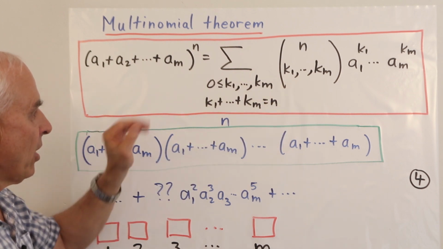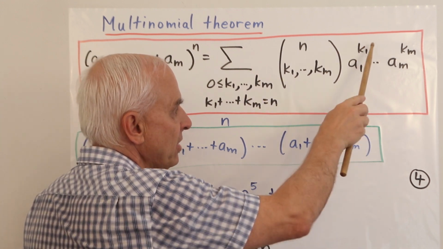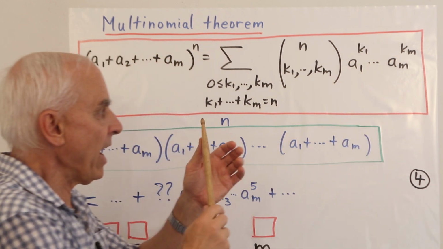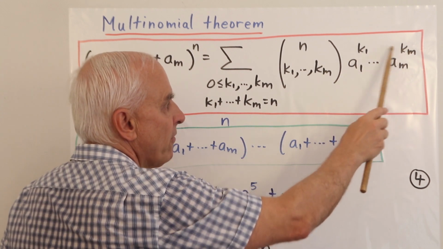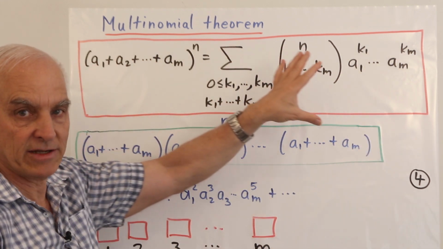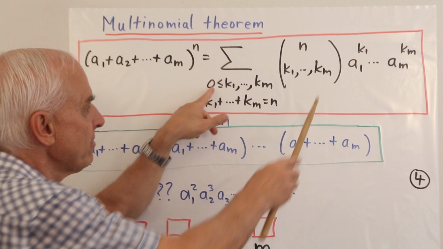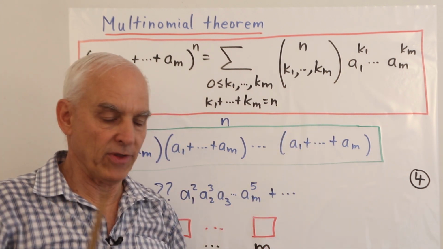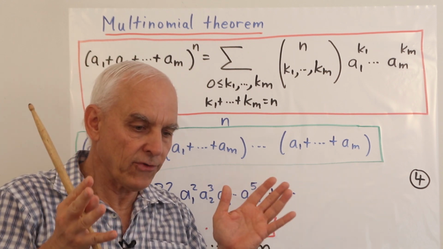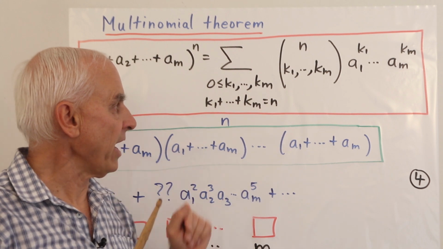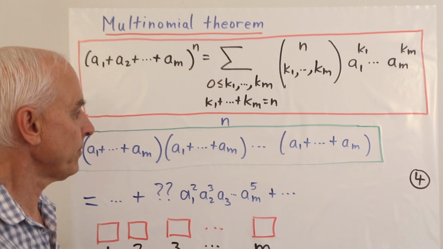So the theorem says that we're getting a sum of terms of the form a1 to the k1, a2 to the k2, all the way up to am to the km, where k1 plus k2 plus all the way to km, the sum of these things, is going to be equal to n, because the whole thing has to be of degree n. And furthermore, each of these ki has to be a natural number, either 0, 1, 2, 3, etc. So we've got natural numbers that sum in total to n. And here's that multinomial coefficient that we've just been talking about.